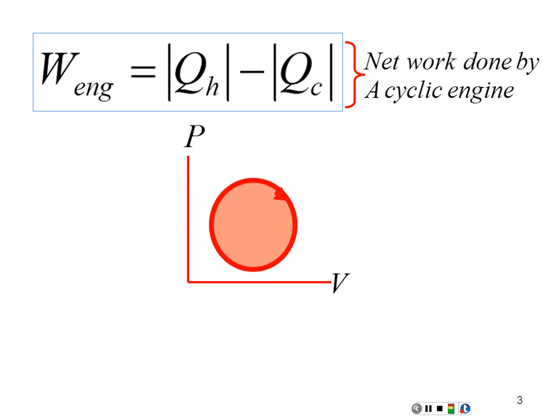On the PV diagram, the work done by the engine is going to be equal to the area enclosed by the cyclic path on the PV diagram as you go clockwise. So the net work done by the engine will be a clockwise area enclosed in a positive sense, and negative if it's going counterclockwise.